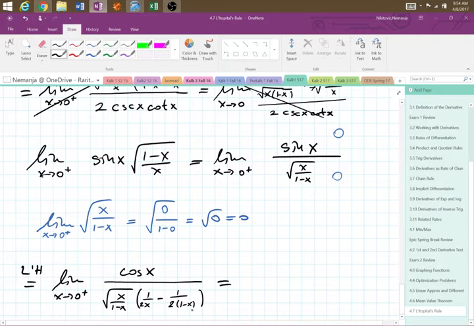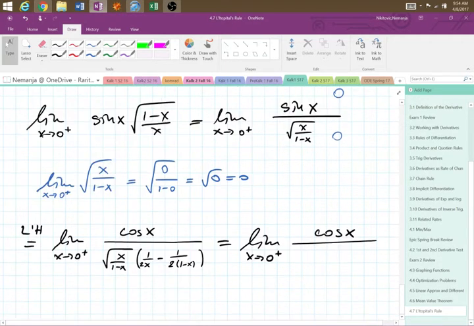So now in denominator, that's the most troubling part. It's to 0 plus. All right, so on top we have cosine x. When you plug in 0, cosine of 0 is 1. So numerator is not an issue. Denominator might be. So do I distribute?